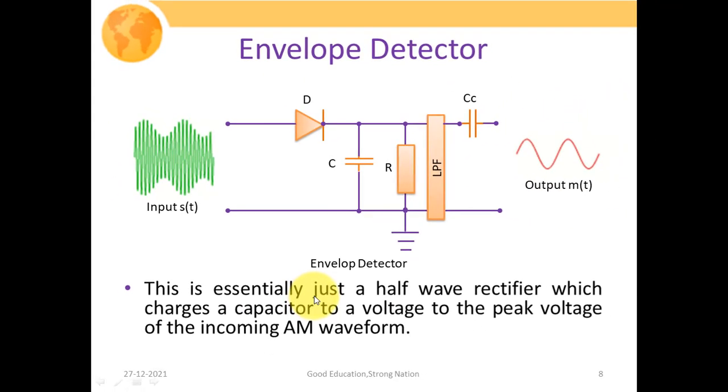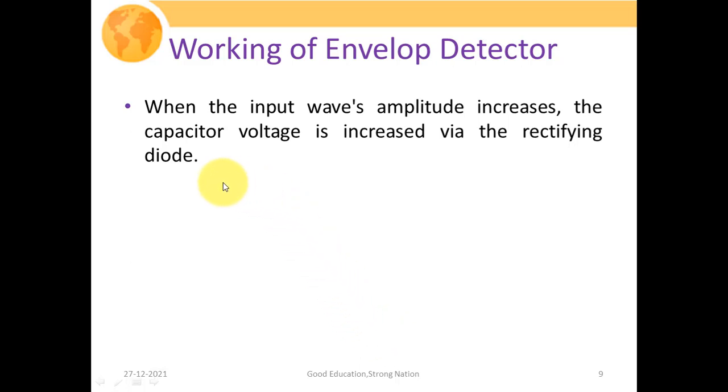So this circuit is essentially just a half wave rectifier, as we have discussed for the diode operation. The diode simply acts in a conducting and non-conducting state. That is, for positive half cycles it conducts, and for negative half cycles it does not conduct, which charges the capacitor to the peak voltage of the incoming AM waveform. Now what happens? When the input wave's amplitude increases, the capacitor voltage is increased via the rectifying diode. Obviously this is the charging of your capacitor.